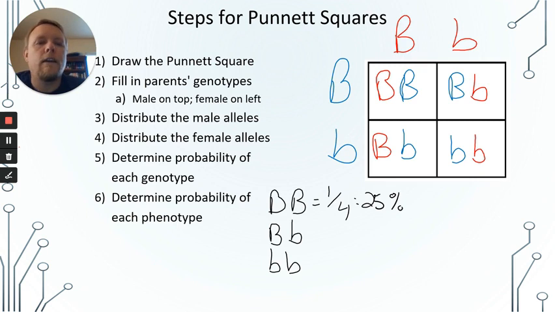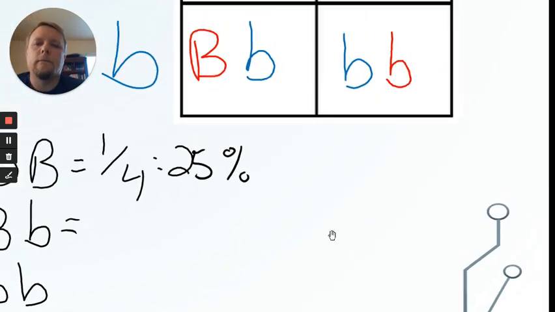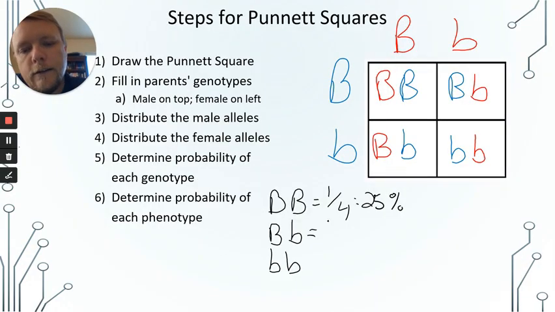Okay, I'm going to do the same thing for the heterozygous. I'm going to look and I see that it's in 2 different squares, in the top right and the bottom left. So there's a 2 in 4 chance that it can be heterozygous, which is equal to 50%.